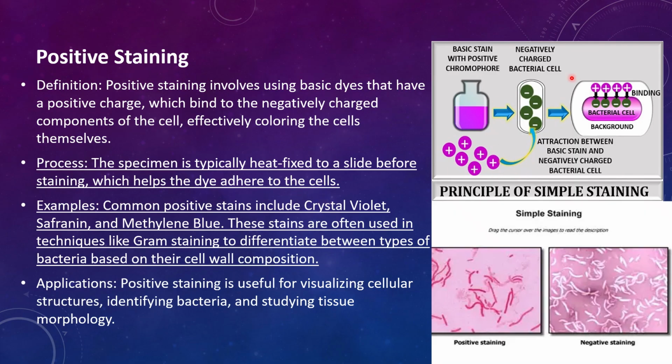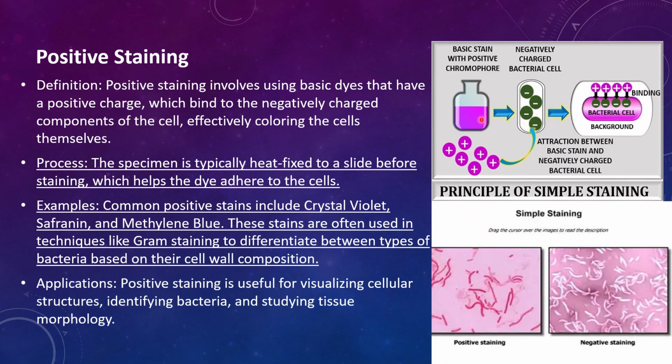As you can see in the picture over here, this gives you a very good illustration. This is the dye which we are using for staining. The dye is positive in nature, so they are basic dyes, and in the cells most of the components are negative.